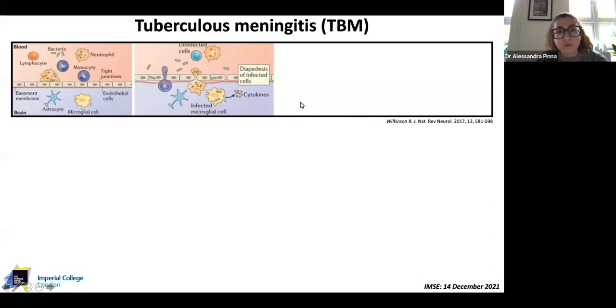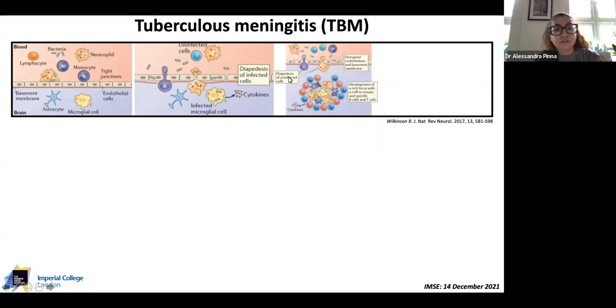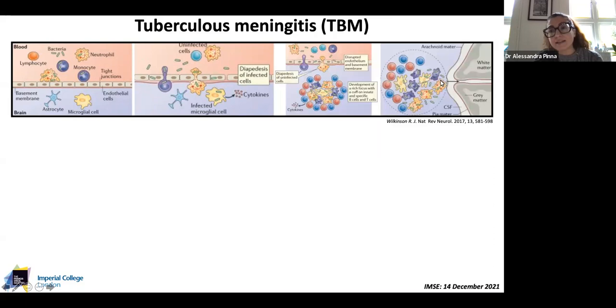On the brain side, all of these cells together with the bacilli form a Rich focus that can rupture and deliver the bacteria inside the CSF and the brain.